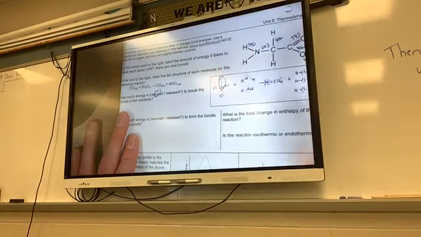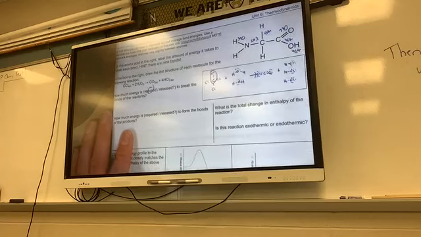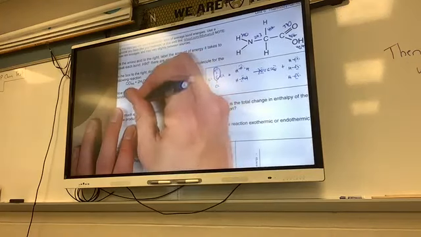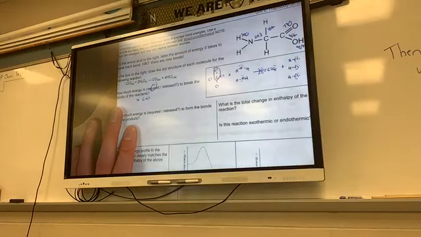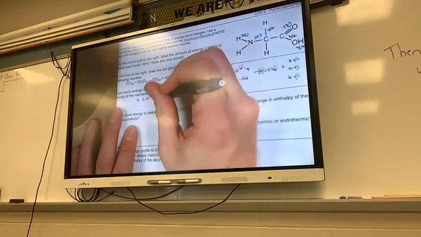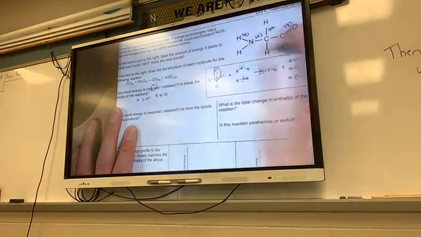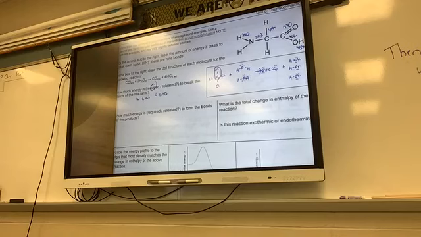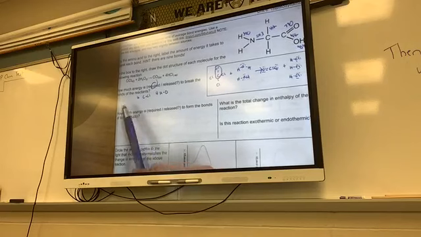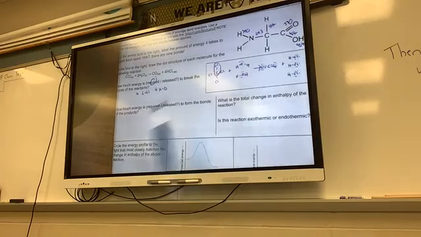How many C to Cl bonds would I have to break? I'd have to break 4 C to Cl bonds, right? What else would I have to break? 4 H2O. I would have to break 4 H to O's. Agreed? Yes? And you would need numbers there, right? 4 times a number, add them up.